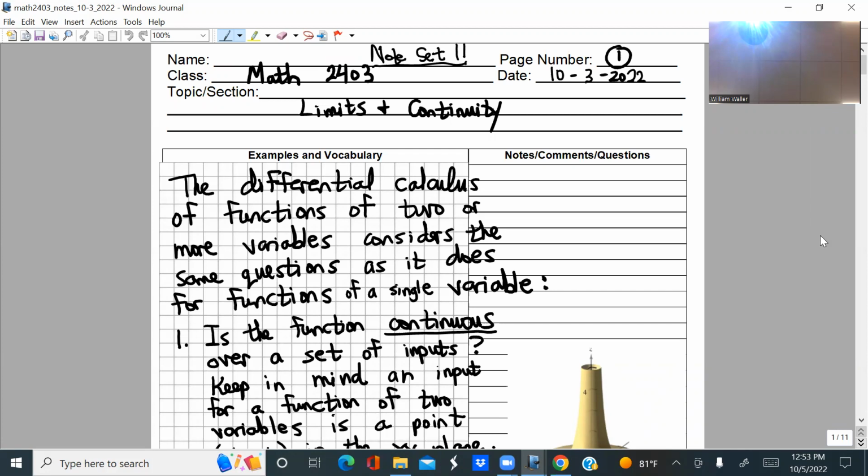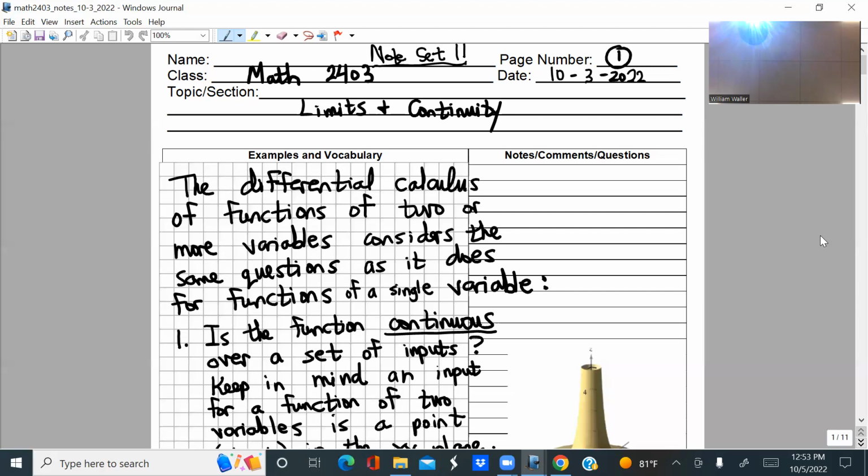We're going to be asking questions very similar, actually almost identical, to the questions you ask about functions of one variable in calculus 1 and calculus 2. Actually, we're going to start with differential calculus.